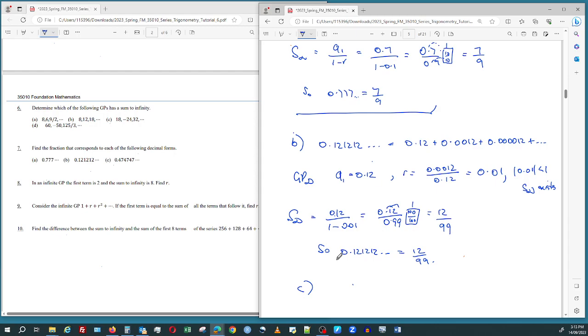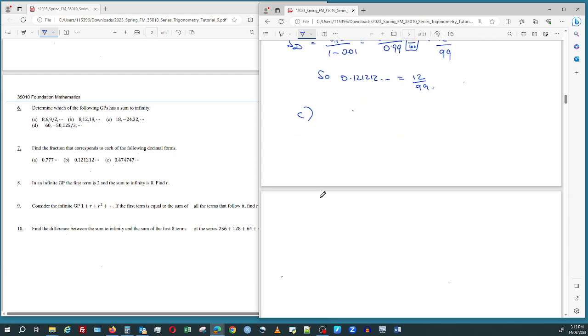0.47. So 0.474747. We'll have a first term, a second term, a third term, and so what we can do is then understand that it's infinite series.